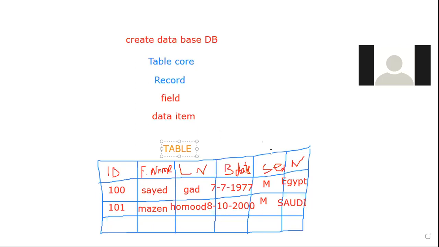Yes, Tariq, could you tell me what the table contains? It contains the date and the name of the person and the country. Yes, good. It contains some information, right? This is a table. Any table contains some information. This information may change from one table to another.